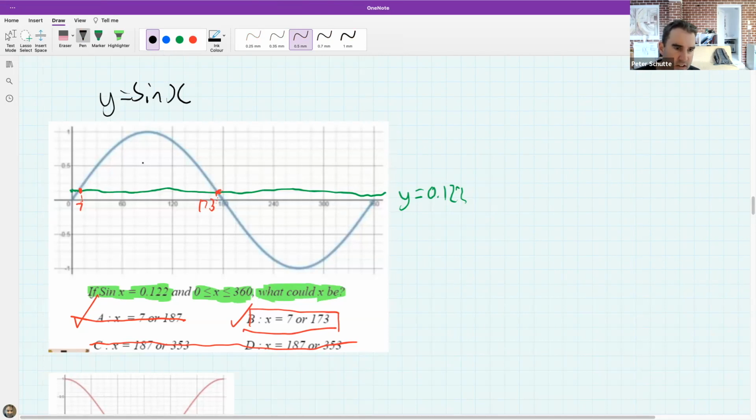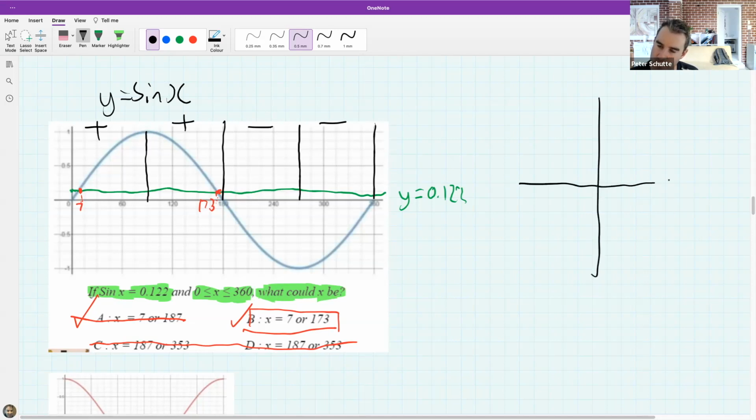So if I look at the trig graph, the 90 is going to be over here. The 180 is here. The 270 is here. The 360 is here. Do you notice that the sine graph is positive here, negative here, negative here? And if you think of the CAST diagram, between 0 and 90, everything is positive. Between 90 and 180, sine is positive.